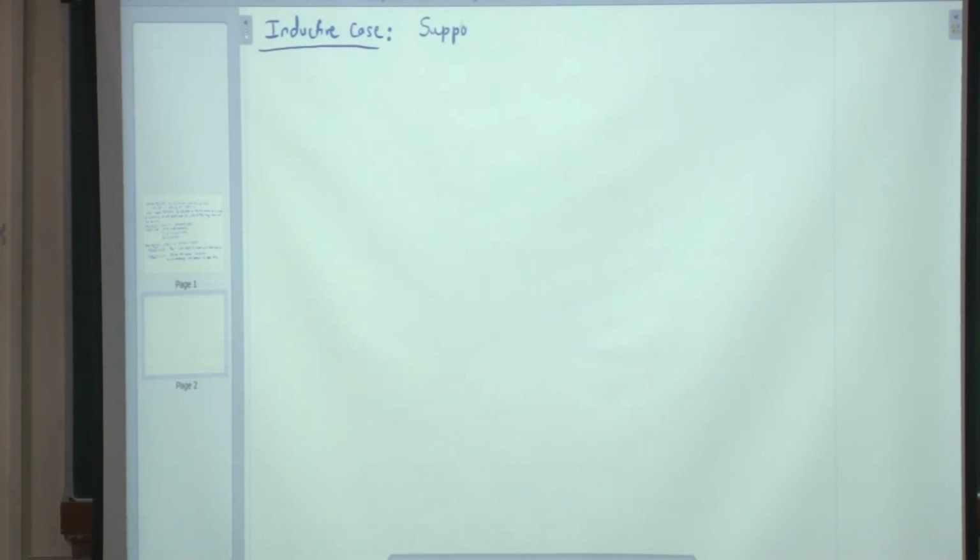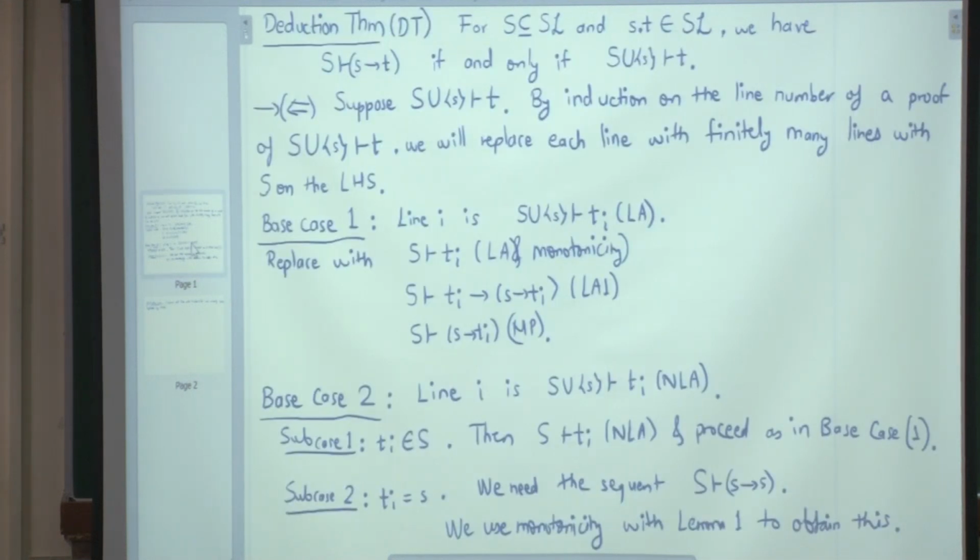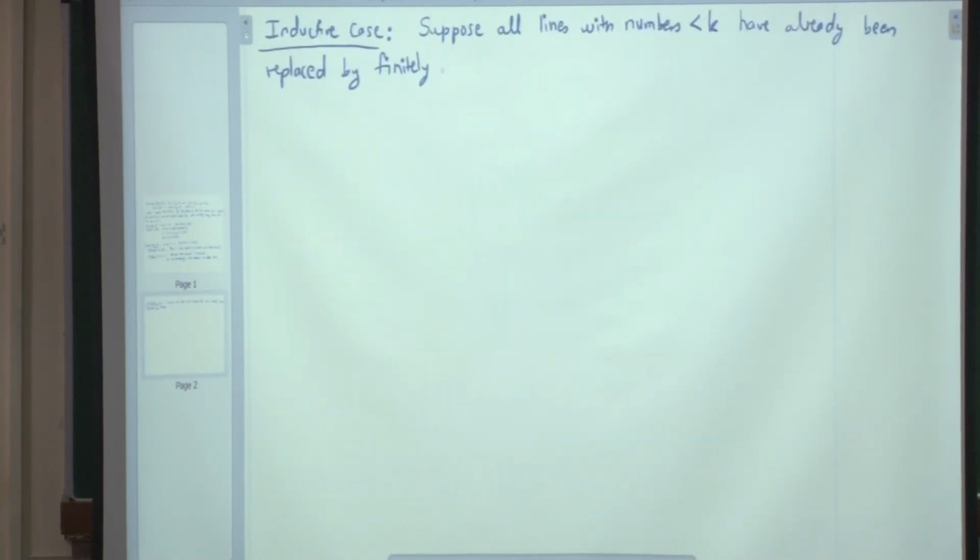Suppose all lines with numbers less than k have already been replaced by finitely many lines with capital S on the LHS.